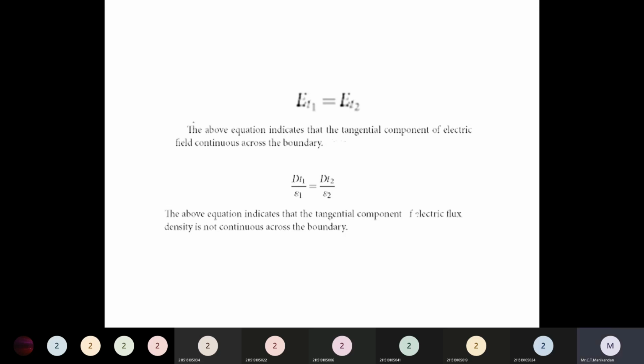Since DT1 is not equal to DT2, because they depend upon their permittivities, epsilon 1 and epsilon 2, we call this the tangential component of flux density being discontinuous. Only the tangential component of electric field is continuous, whereas the tangential component of flux density is discontinuous.